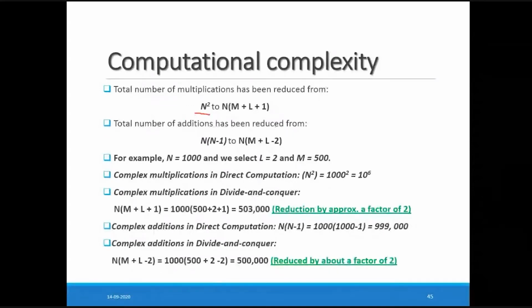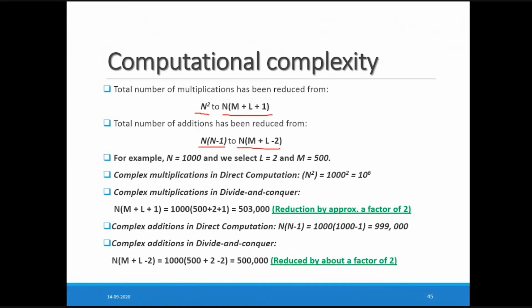Now here we are getting N into M plus L plus 1. So we can say total number of multiplications has been reduced from N square to N into M plus L plus 1. Now total number of additions has been reduced. Earlier it was N into N minus 1. Now we are getting N into M plus L minus 2.